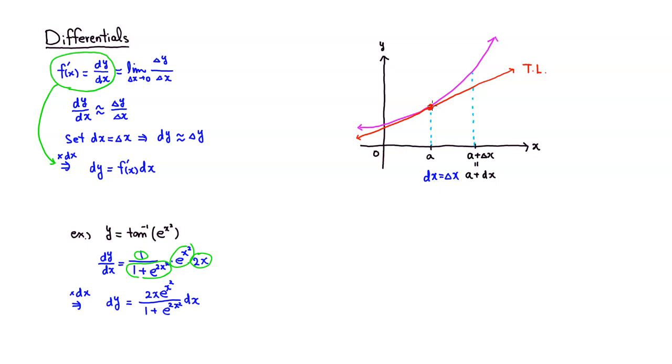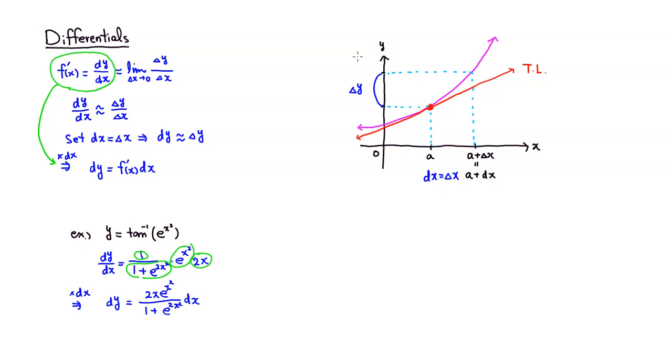You're starting from this value right here, the original value, and then you move delta x, and here's the new y value. So it's just a difference in function value. This is delta y, the actual difference in y value.